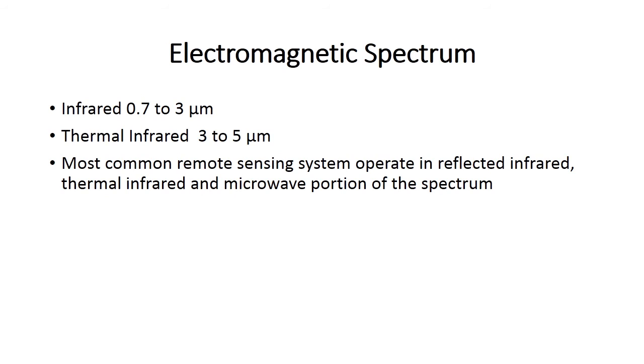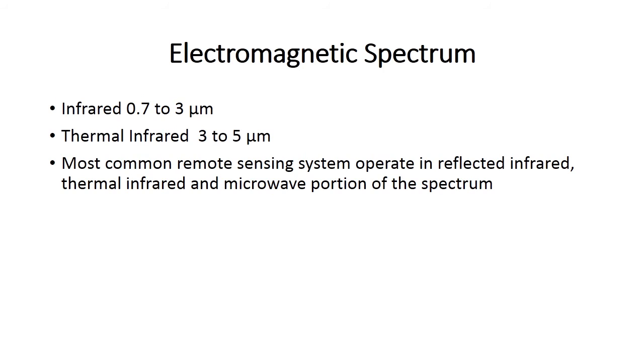So most of our remote sensing systems often work in the reflected infrared, thermal infrared, and microwave portions of the spectrum. So this was about the electromagnetic spectrum. Today we have seen two points. First one is electromagnetic radiation, and second one is electromagnetic spectrum.